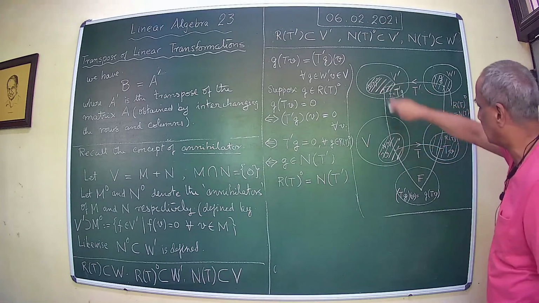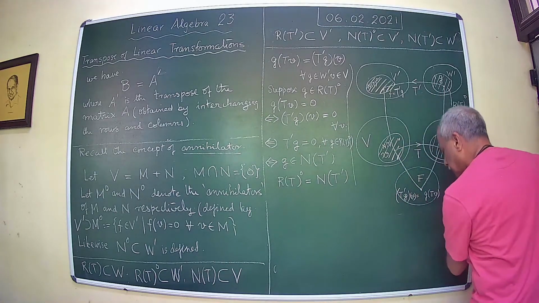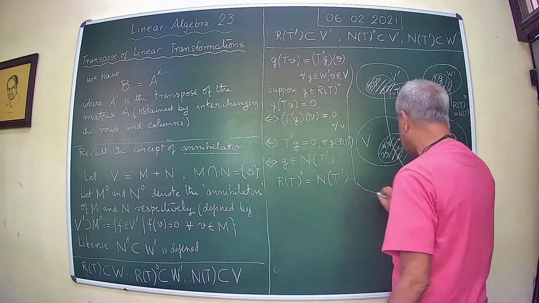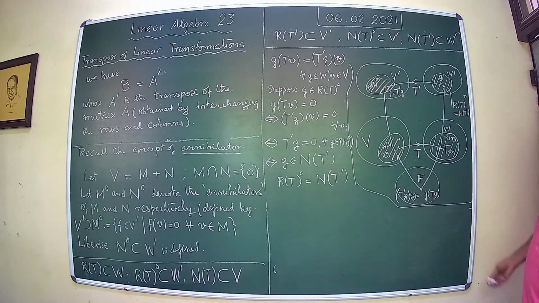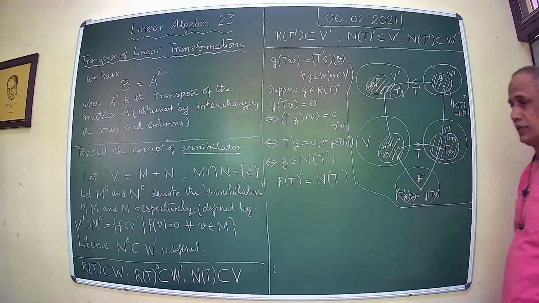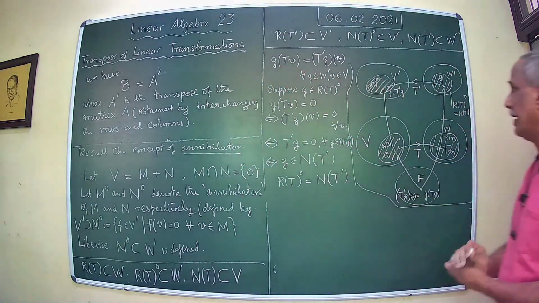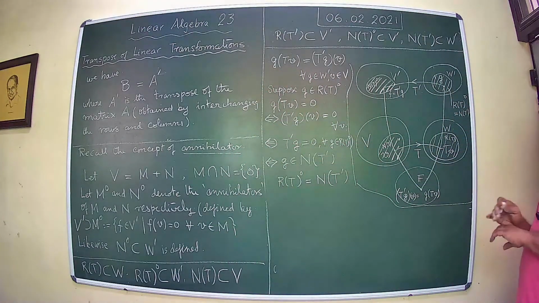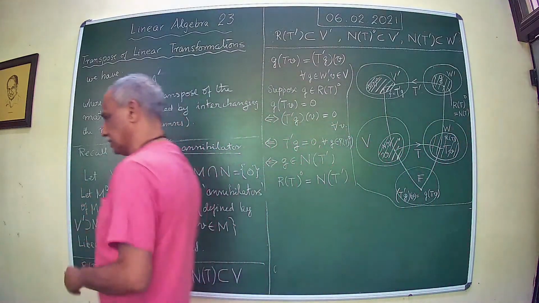There is a similar connection that you can establish between them. So I just write down the theorem, and the spin-off from this is that we also expect the following. You have T and T prime that we have already explored. If the space is finite dimensional, then the matrix of T and the matrix of T prime are related by transposition.